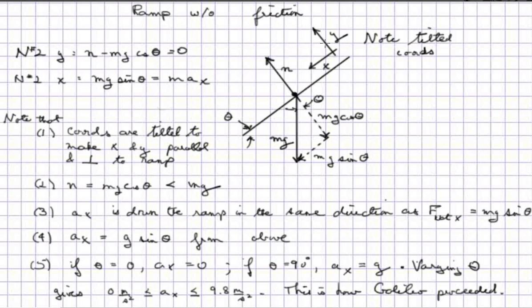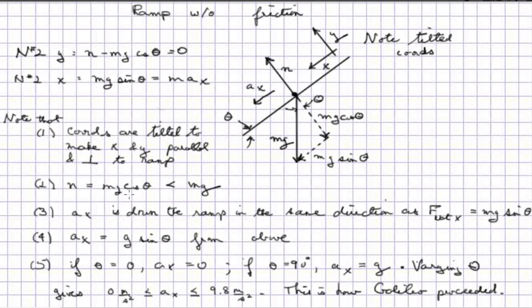Again, using the coordinate axes to bookkeep my signs, and Newton number 2 in the x direction, which is mg sine theta is equal to m times a sub x, a sub x being the acceleration down the ramp.